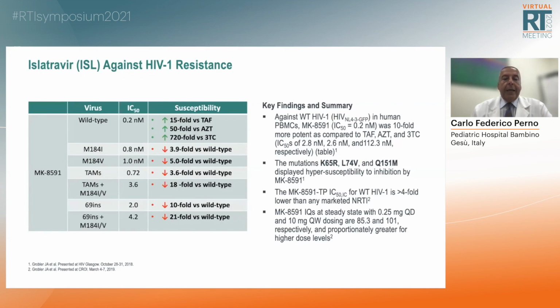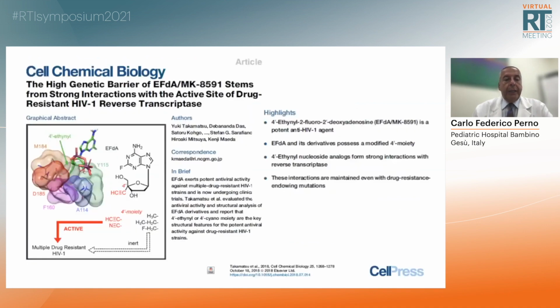There is some evidence that the virus is able to produce some resistance also against islatravir, but you can see that the resistance is quite limited, not very effective, and pretty often different from what is found with the NRTI.